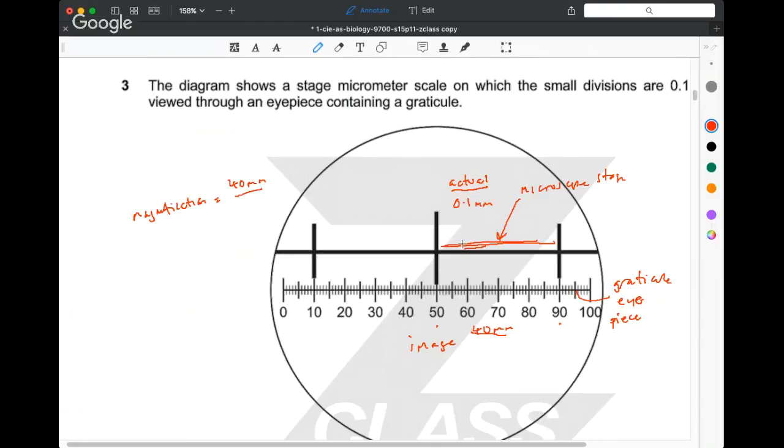Now this little division here on the microscope stage, that division is 0.1 millimeters. And if you divide 40 by 0.1, then you get a magnification of 400. All right, so we've worked out from this first view of the microscope, the magnification.